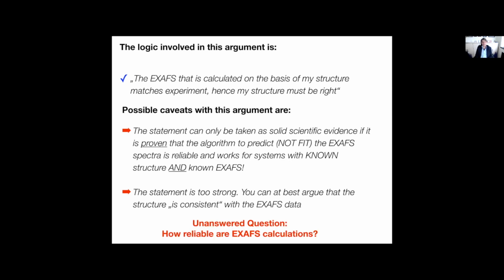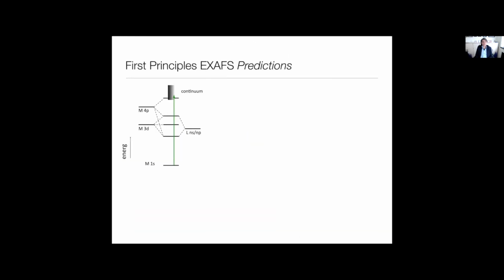Now, then the unanswered question at the time was, how reliable are these EXAFS calculations? And we have teamed up with John Rehr here, and it was a very interesting study. We had wonderful discussions that I enjoyed very much. So let's first look at what the EXAFS really is.